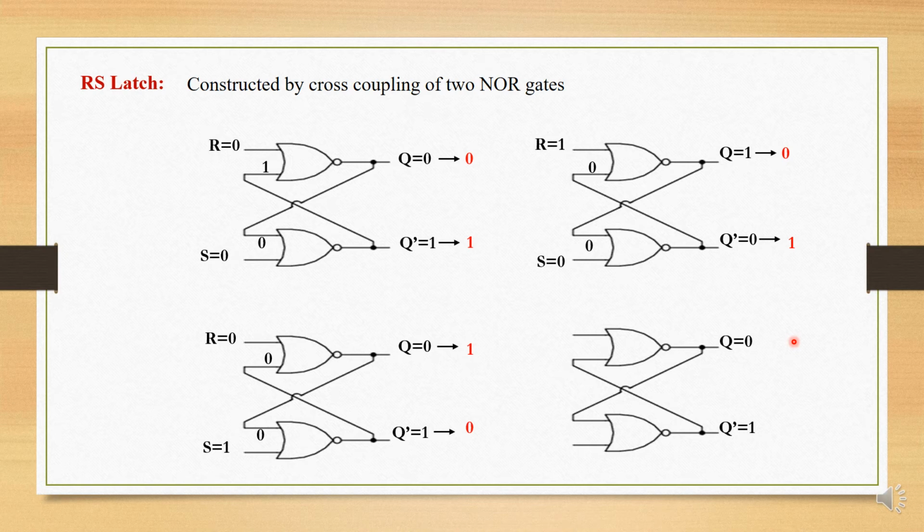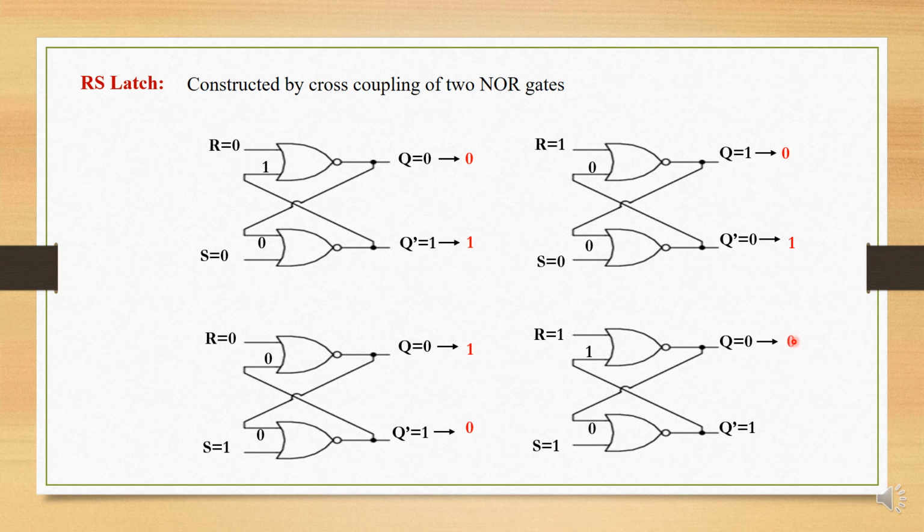So before we start, we have to assume the previous state. We have assumed the previous state to be Q equal to 0 and Q bar equal to 1. Let us apply the inputs R equal to 1 and S equal to 1. So the Q bar output is given back to the input of the first NOR gate. So 1 or 1 is 1, complementary is 0.